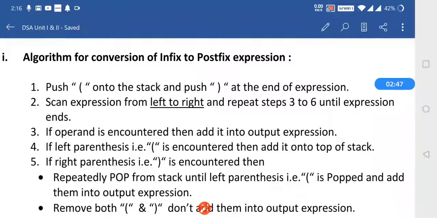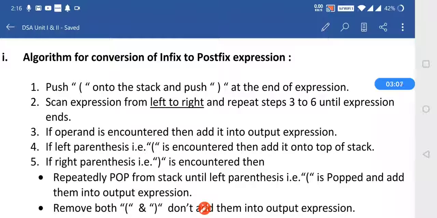So infix means the operator is present in between the operands, and now we want to convert that infix expression into postfix, where the operator is present after the operands. For this conversion of infix to postfix, we will apply the algorithm.